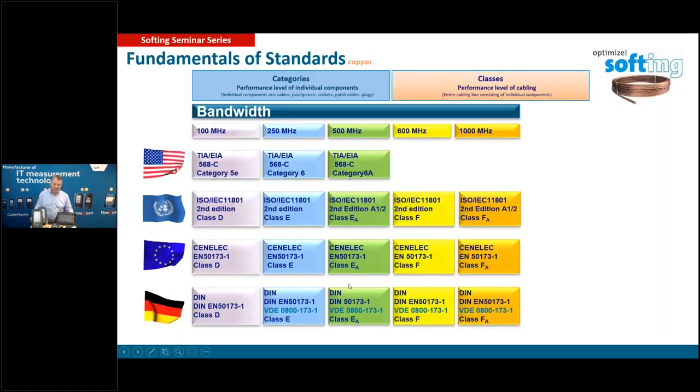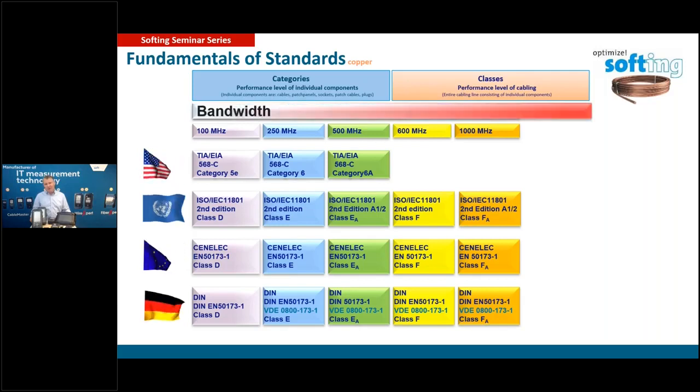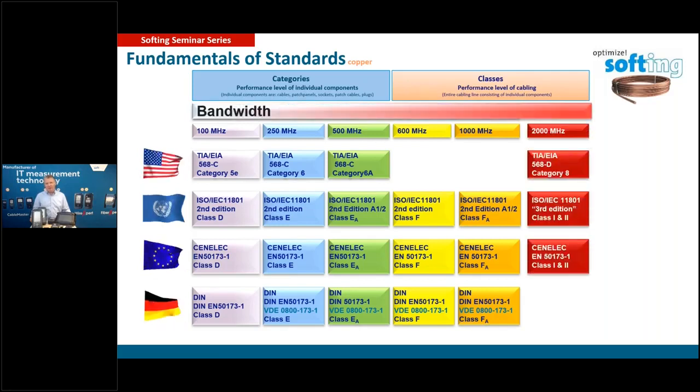Therefore, you can use the RJ45 if you are building cabling infrastructure up to 500 megahertz. For 600 megahertz up to 1000 megahertz, which is Class FA or Cat7A, you have to use different connectors. So you have other connectors available, which are the GG45 or the Tera connector. Only the 500 megahertz version supports the RJ45.